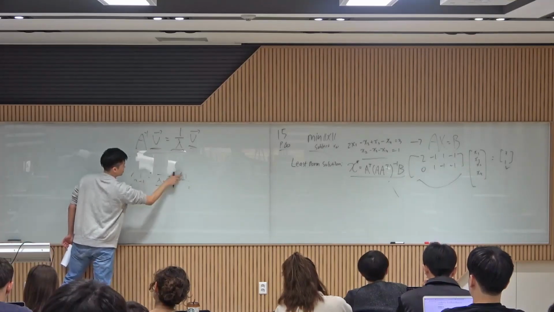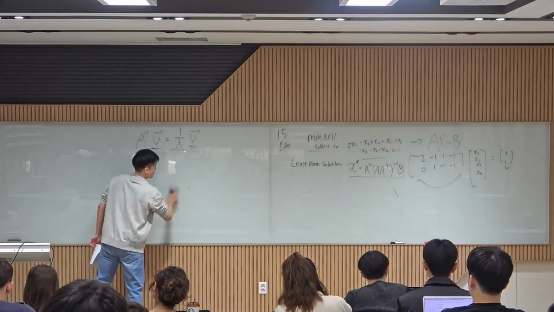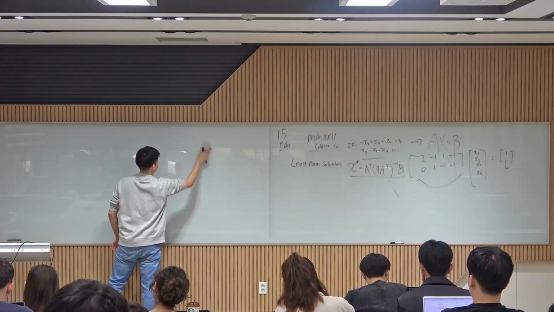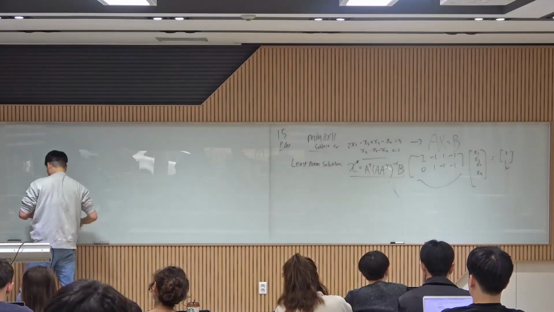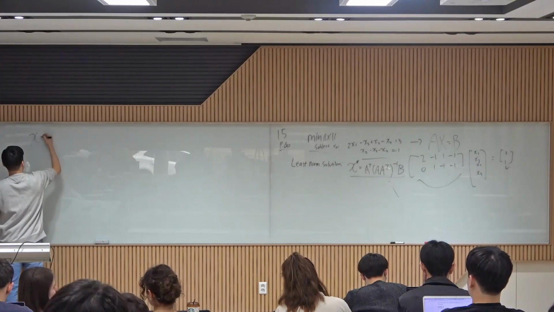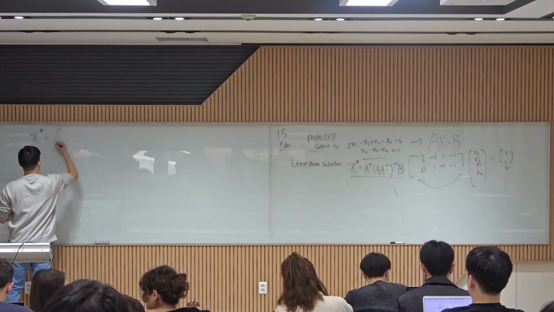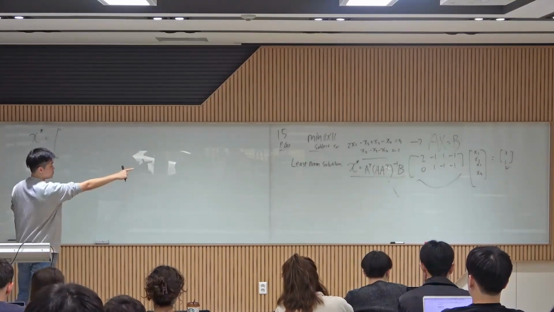So let's compute this quite dirty matrix, okay? So the optimal solution x can be written as A transpose times the inverse of A A transpose, right?